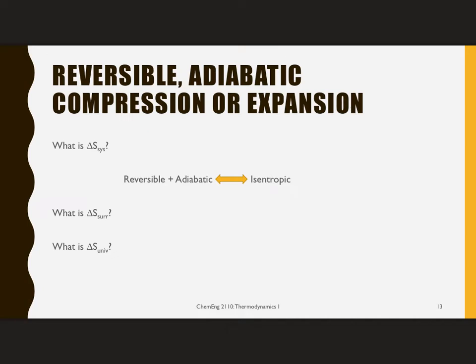Let's look at this for that reversible adiabatic compression or expansion, either way, but we're going to have a change in the volume of a closed system. If we look at the system itself, we defined entropy: delta S for the system is going to be the final minus the initial entropy, or the integral from the beginning state to the final state of dS for our system.